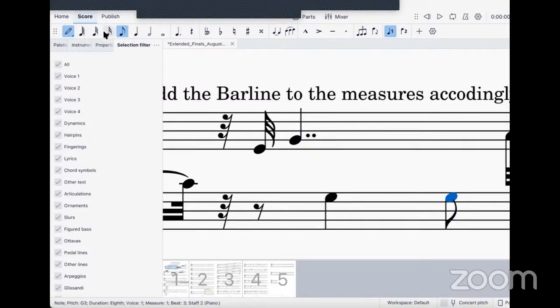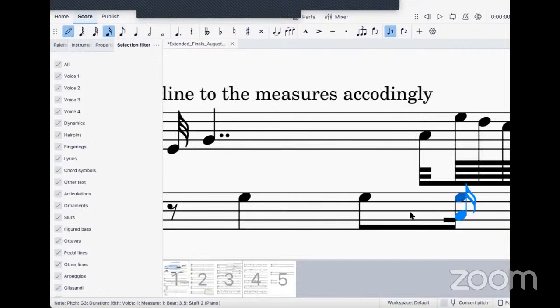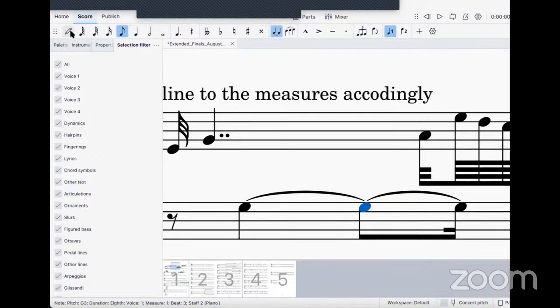The half of the eighth note is a 16th note. This dot is the translation of the dot. Okay, so here's the translation. This dot is one quarter note plus its half, plus its quarter.